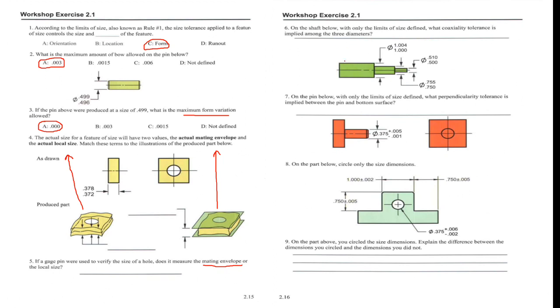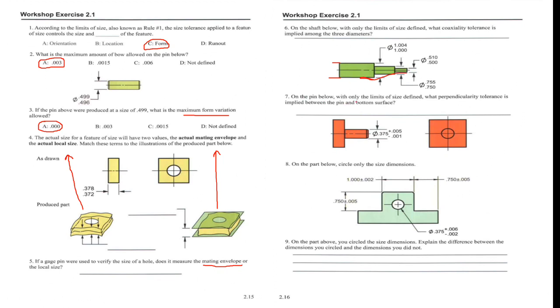So when we don't have any datum feature here, first of all, we have to define a datum feature. We actually cannot define this coaxiality tolerance here. We don't have any datum feature here, and so it's not defined here.